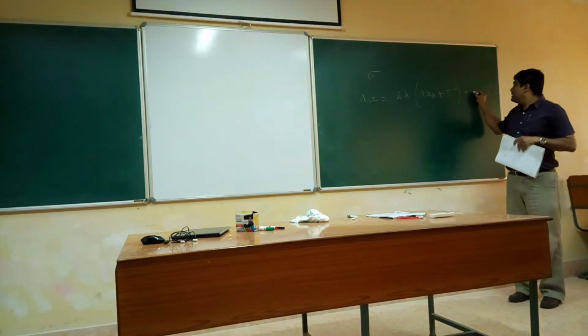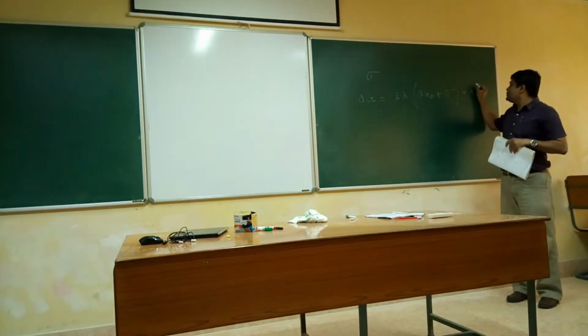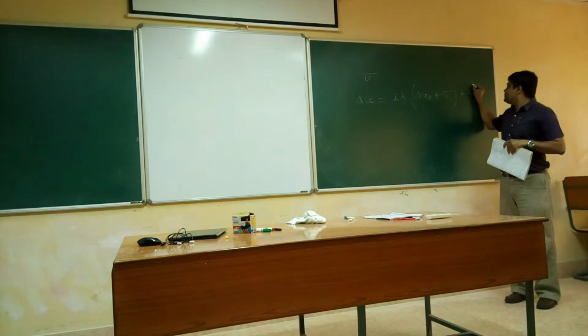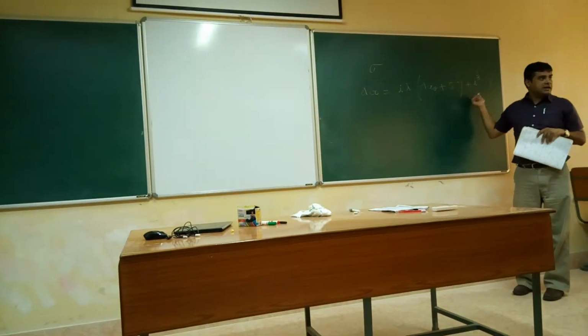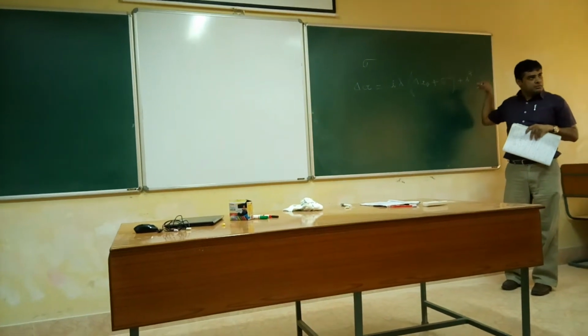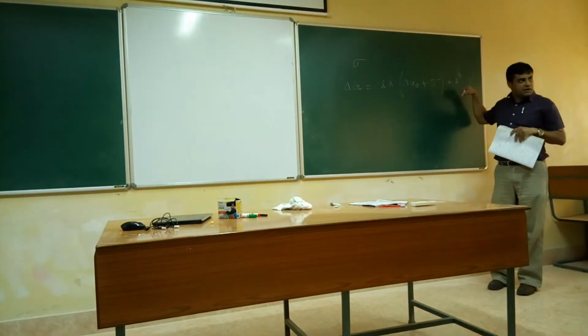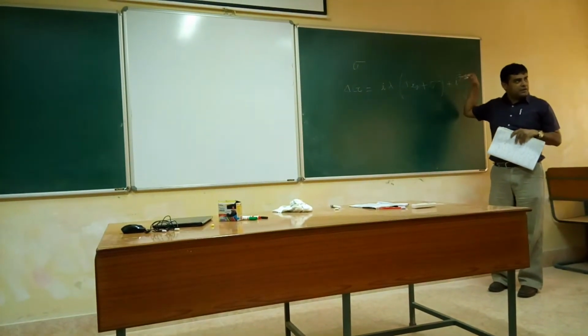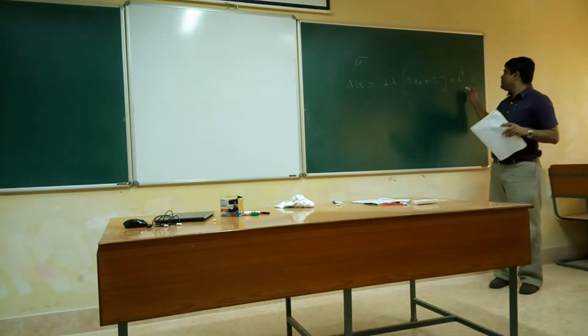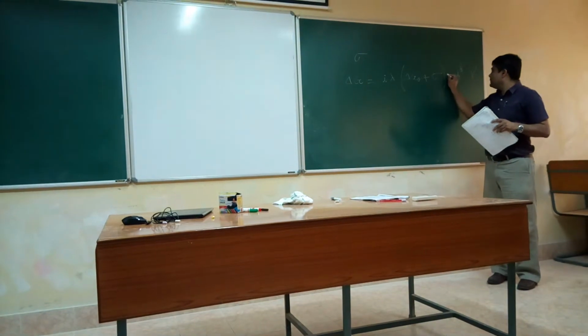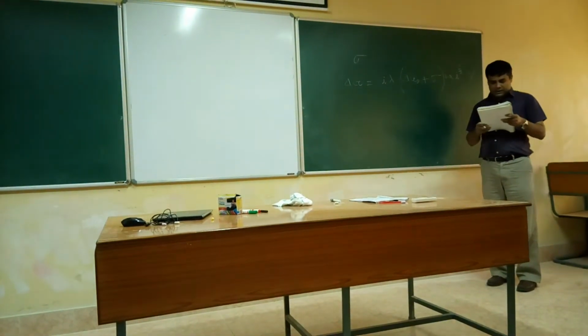The area should be proportional to I to the power 2/3. So to make it a surface term, it is multiplied by some constant, say alpha.